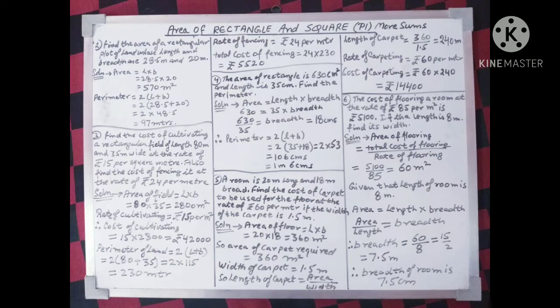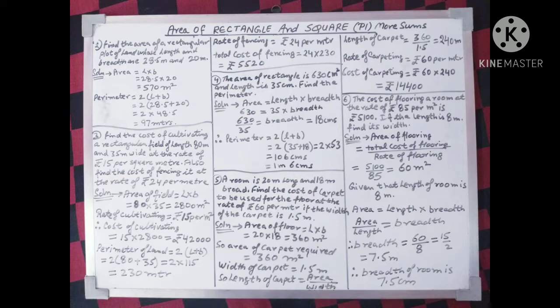So area of the field is length into breadth, that is 80 into 35, which comes out to be 2800 meters square. Now rate of cultivation is rupees 15 per meter square. That means to cultivate 1 meter square of land, we have to pay rupees 15.